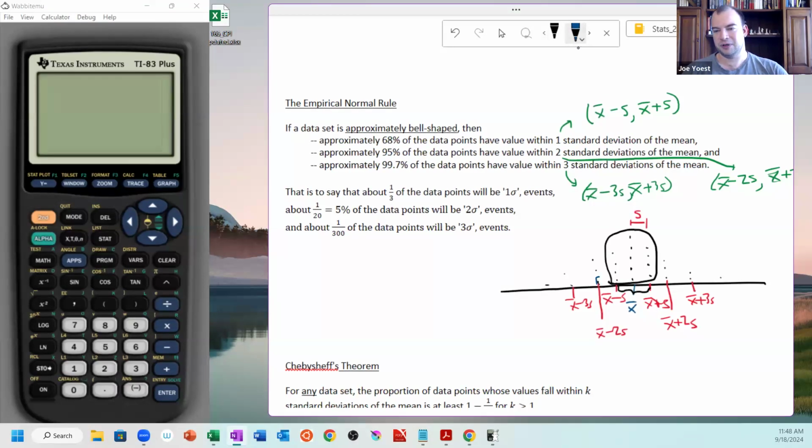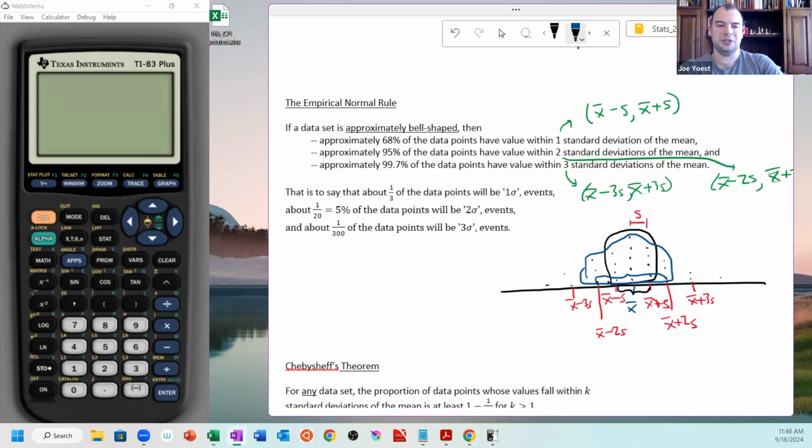If I do the same for two standard deviations, count the number of data points that have value within two standard deviations of the mean, divide by n, the total number of data points in the sample, that should be about 95%, and then about 99.7% for three standard deviations.